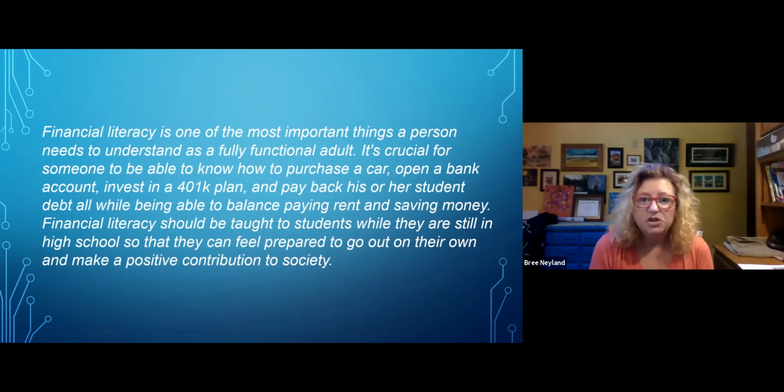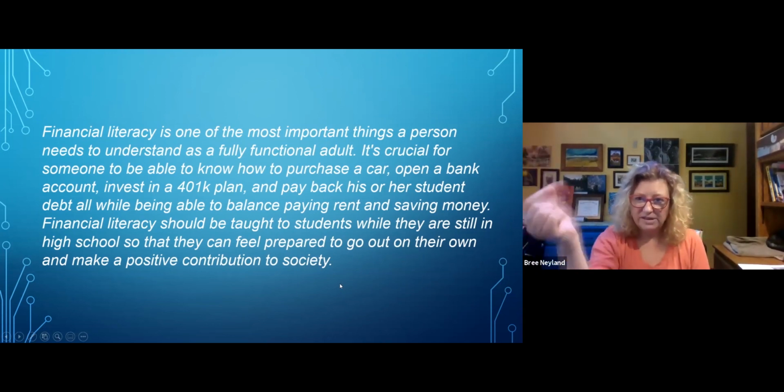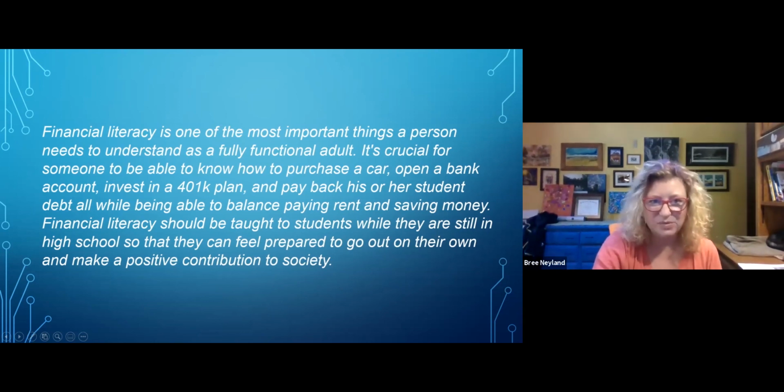Financial literacy should be taught to students while they are still in high school. So here's the future orientation, so that they can feel prepared to go out on their own and make a positive contribution to society. So why should they do this? So they can do these things. Focus on that doing part as well.